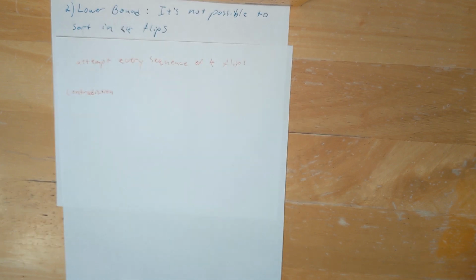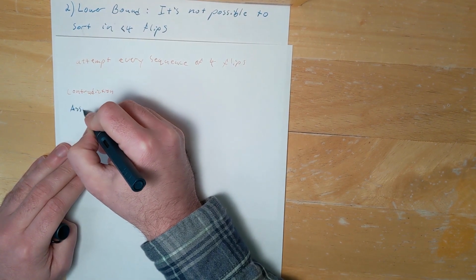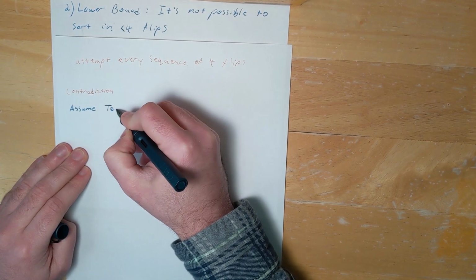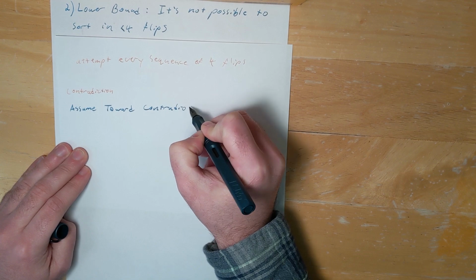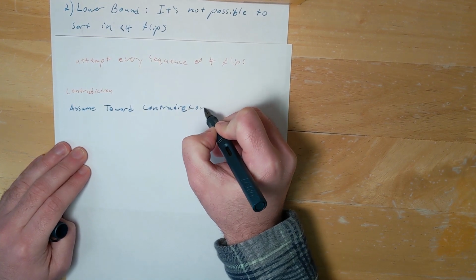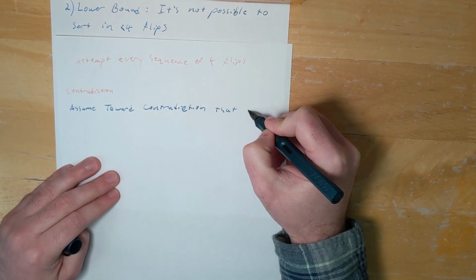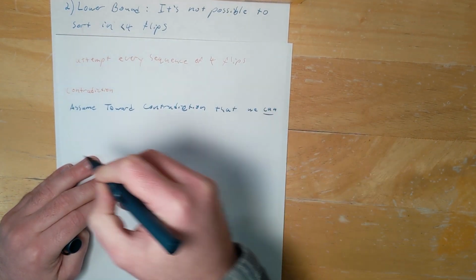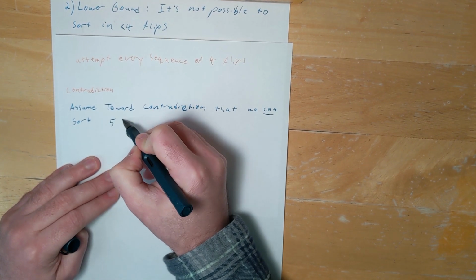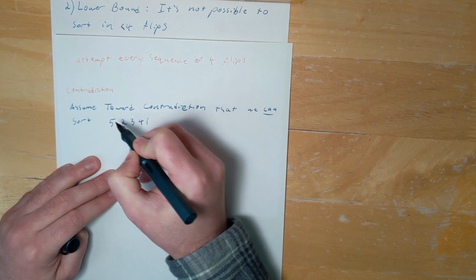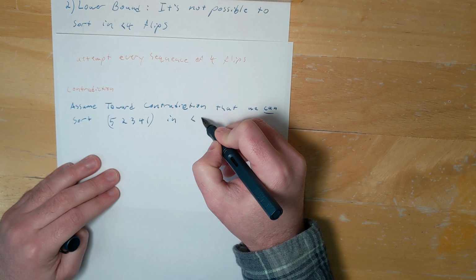So for this proof by contradiction, what we're going to do is say, assume toward a contradiction that we can sort 5, 2, 3, 4, 1 in less than 4 flips.